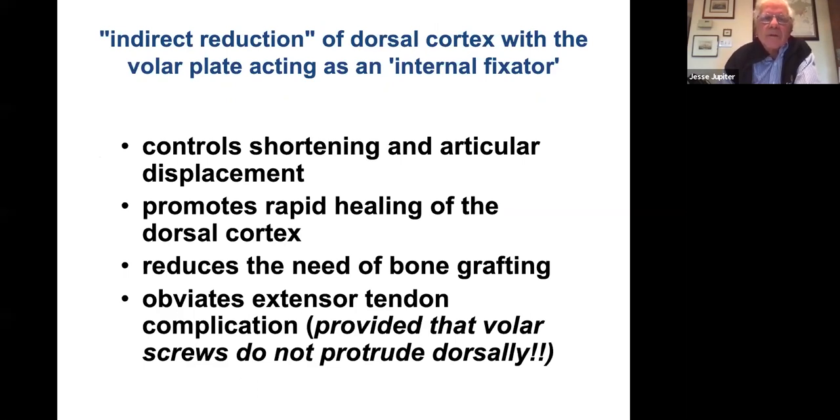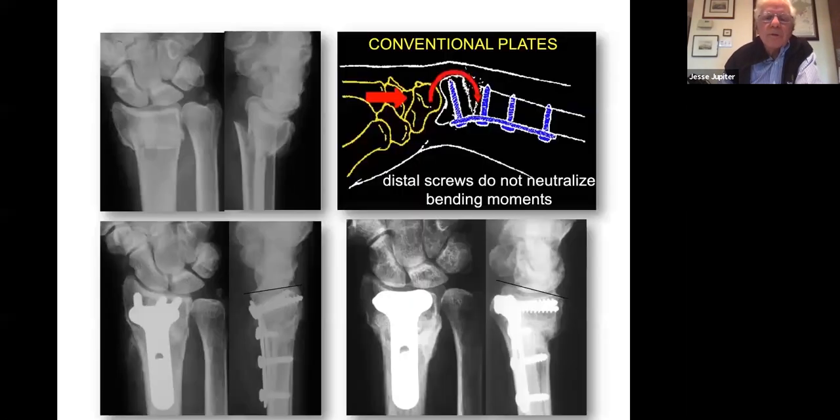Many of these fractures are in osteopenic patients, and prior to the angular stable locked fixation devices, screws would loosen. We used to try to do plates on some of these, but this is often what would happen because the screws were not sufficient to really prevent instability, prevent loss of fixation.